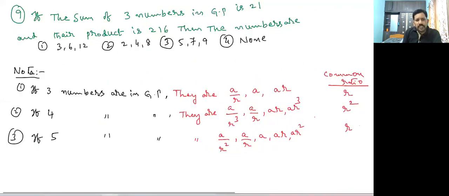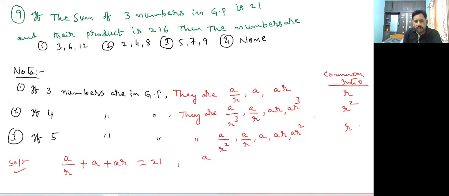If the sum of three numbers in GP is 21, sum of three numbers means, we know very well, a by r plus a plus ar, that is equal to 21, and the product of those terms, a by r into a into ar, that's value 216.